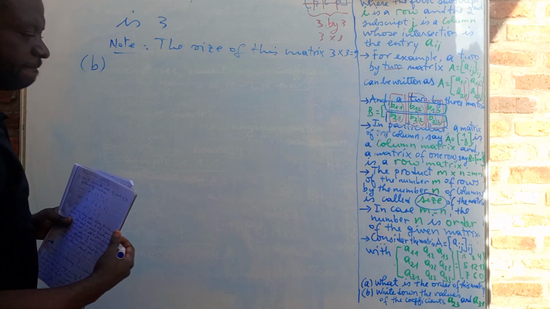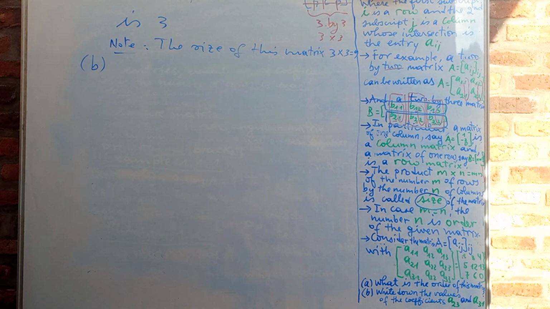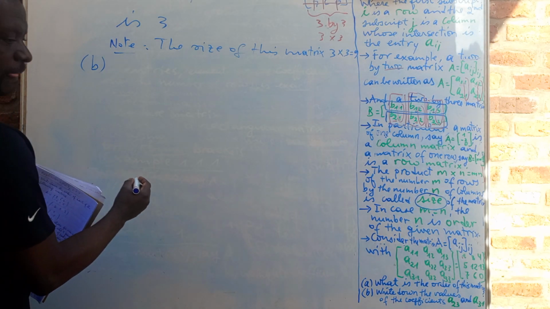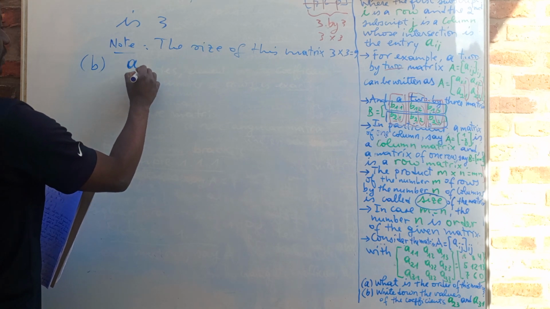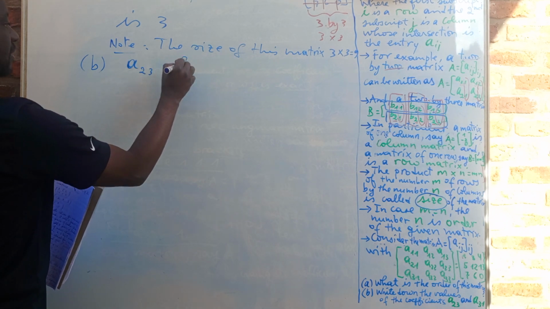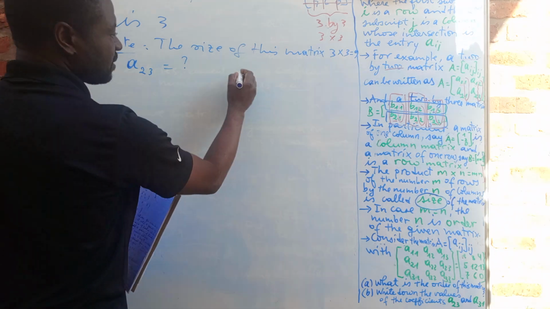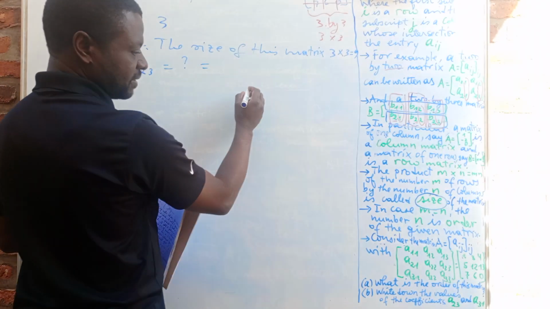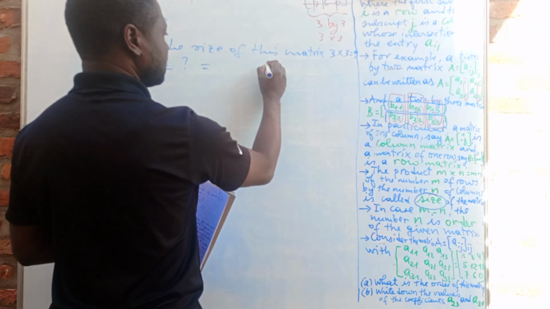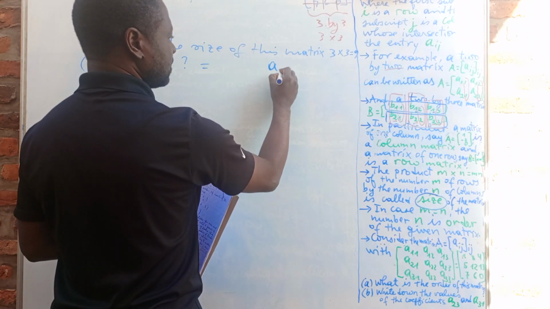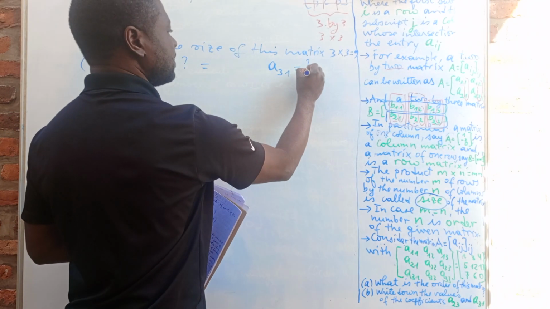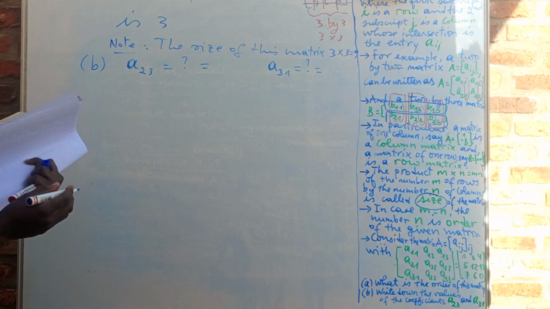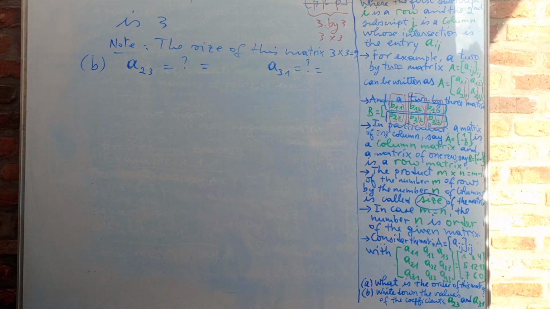So question B. In this example, what are the coefficients A23 for this matrix, and what is the coefficient A31 in this case?